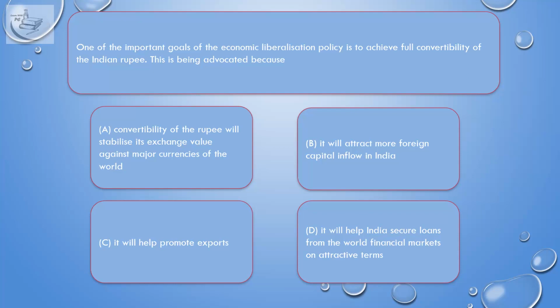C. It will help promote exports. D. It will help India secure loans from the world financial markets on attractive terms. Correct answer is B. It will attract more foreign capital inflow in India.